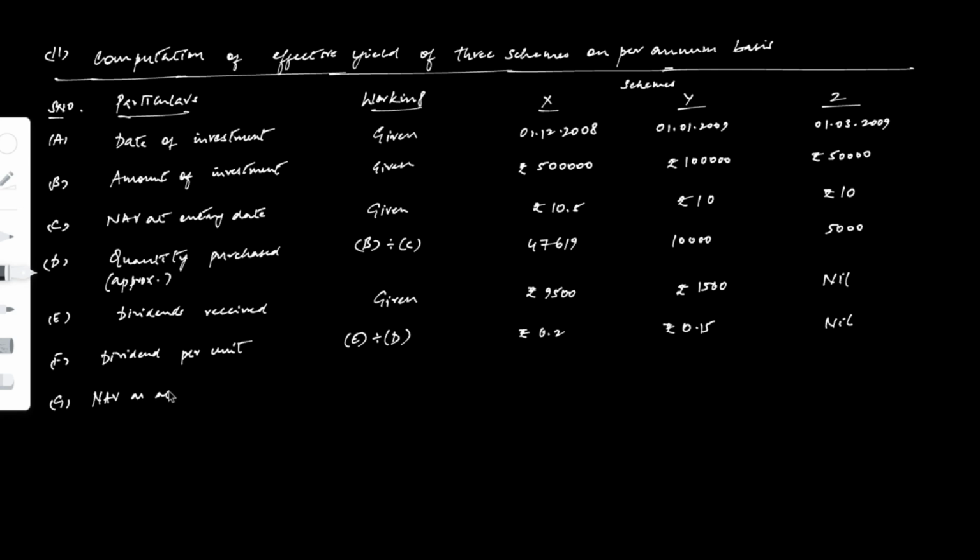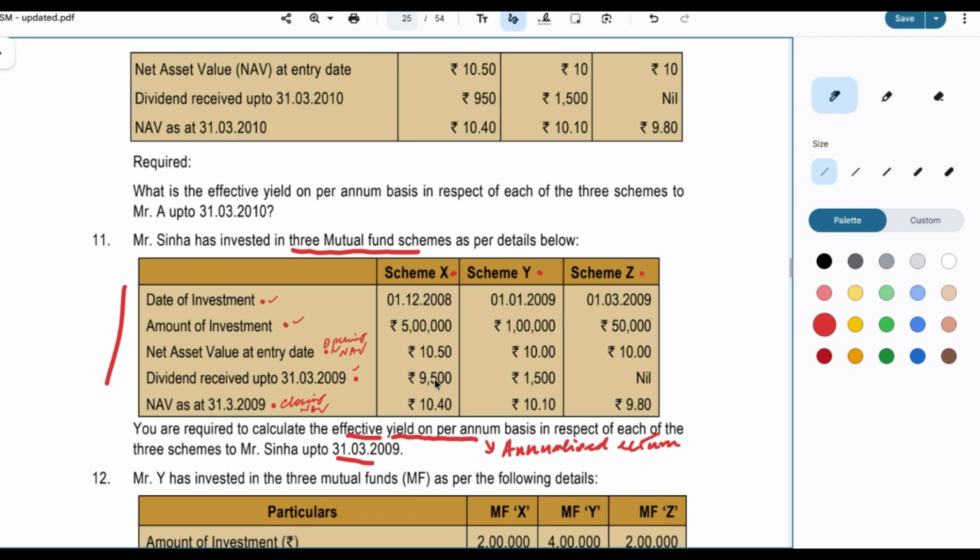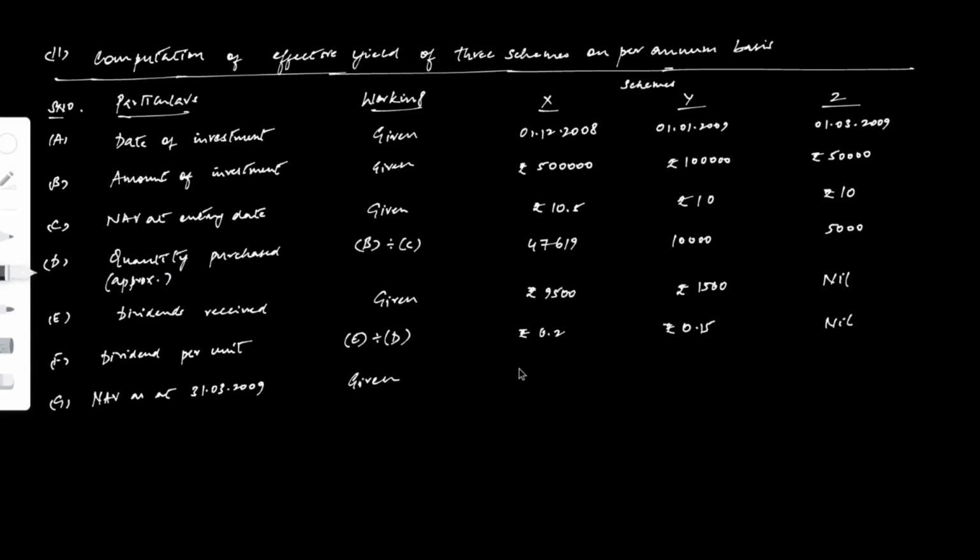NAV as at 31/3/2009 is given: 10.4, 10.1, 9.8. So we have closing NAV minus opening NAV.